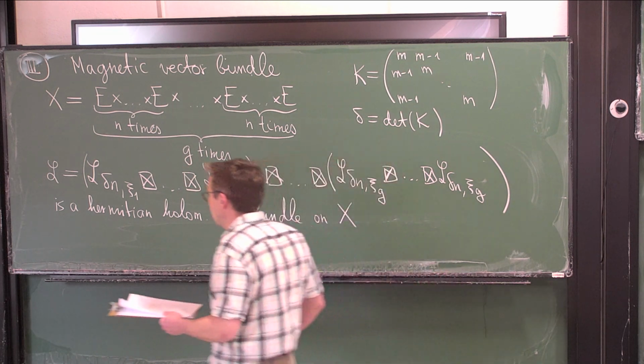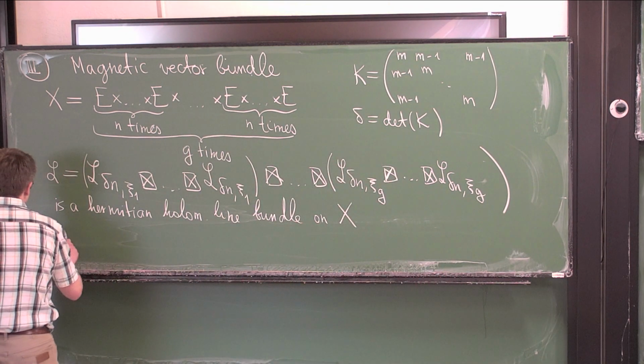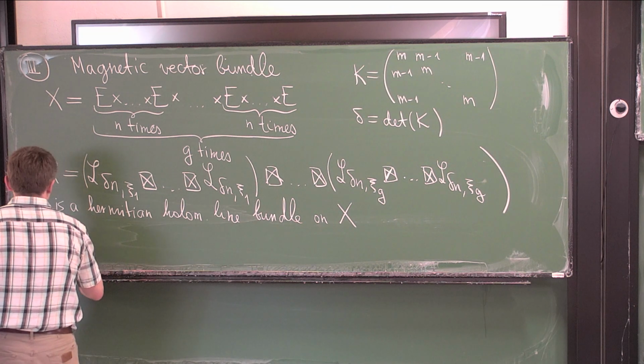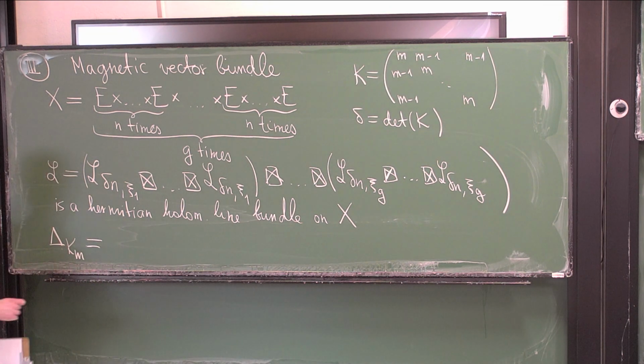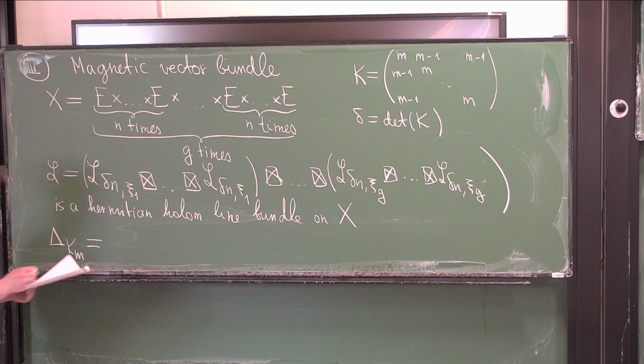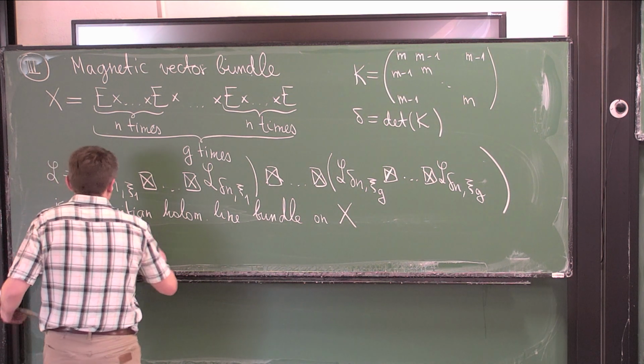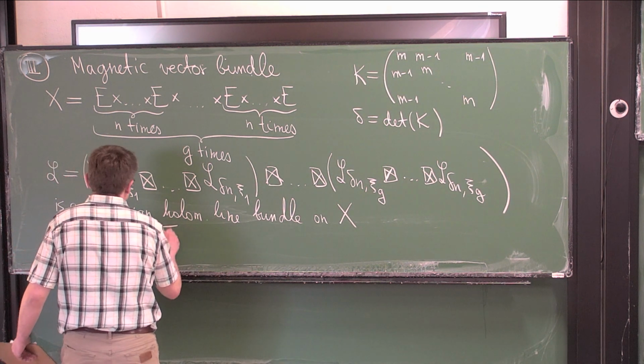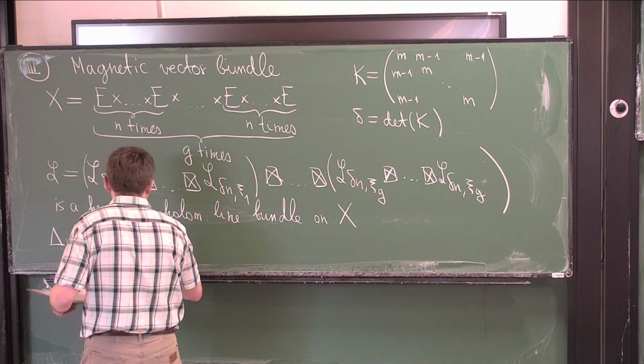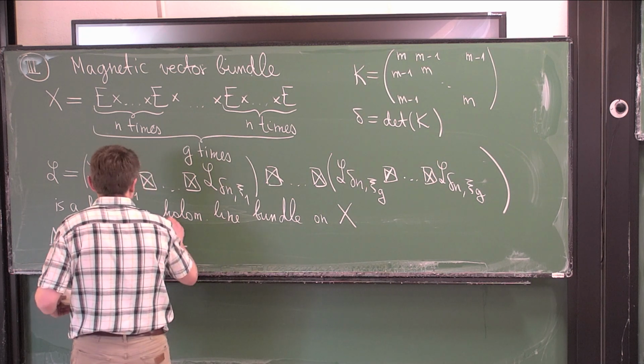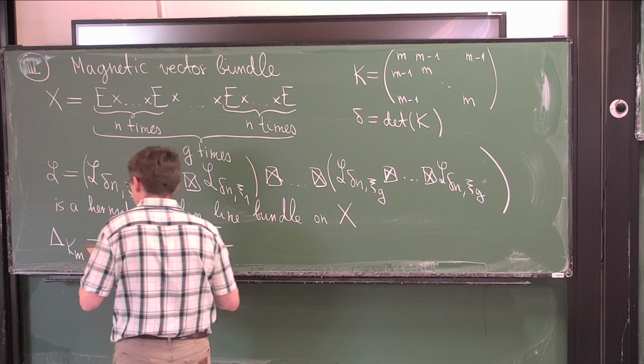Now I introduce a divisor, and this divisor is given by the matrix K. For the special matrix case, this divisor is just more convenient to write.